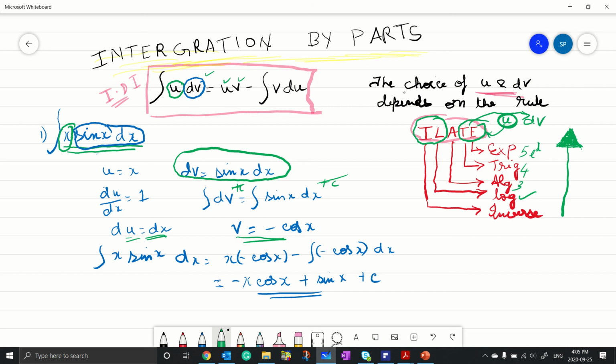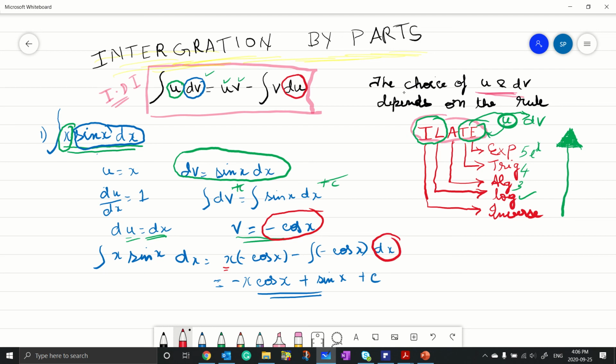Then it is direct substitution. Integral of x sin x dx is equal to u, which is x, times v, which is minus cos x, minus the integral of v du, that is integral of minus cos x dx, since du is nothing but dx.